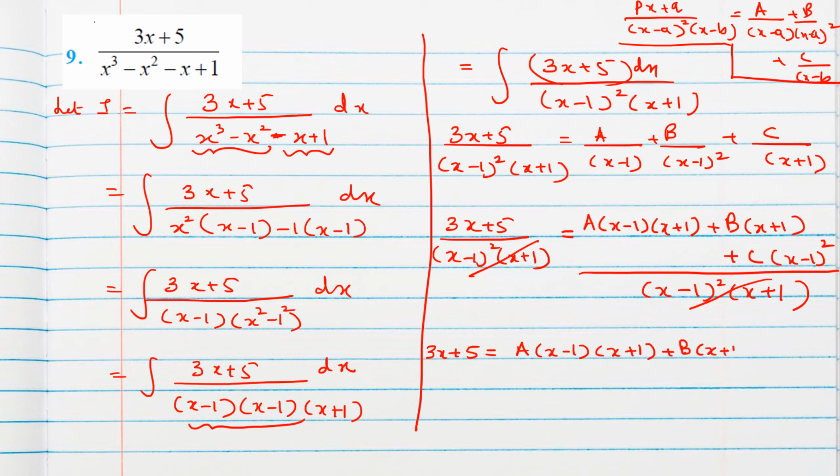So 3x plus 5 is a times x minus 1 x plus 1, plus b times x plus 1, plus c times x minus 1 square.